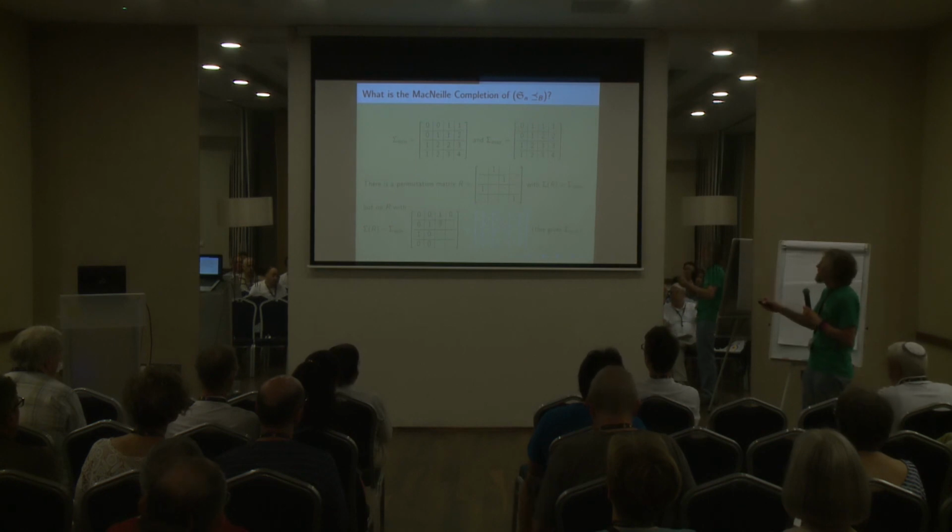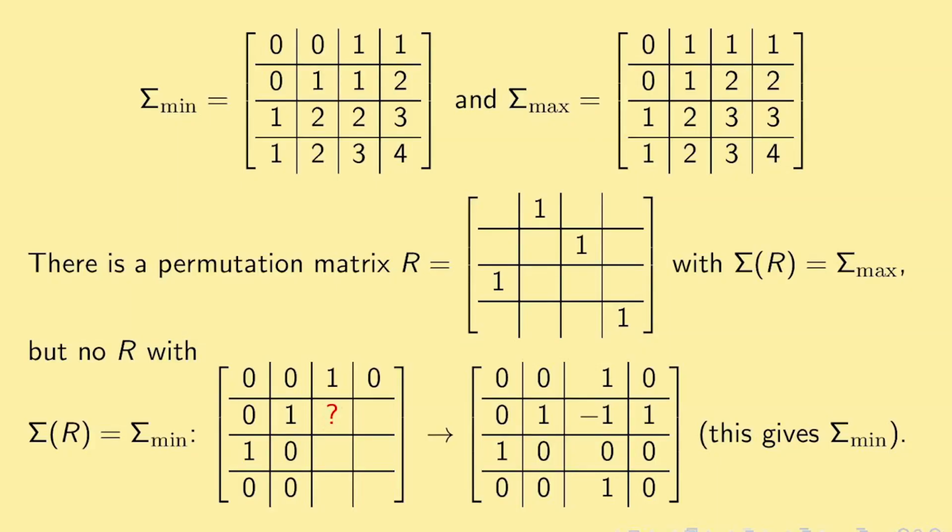Because if you have such a permutation, remember here's sigma min, and I'm looking for a permutation whose sigma is this, well I've got to have a 0, and then I've got to have a 1, and therefore this must be 0. And looking at this 0 here says there's got to be 2 zeros here, so I've got to have a 0 there, but then I've got to have a 1, okay?